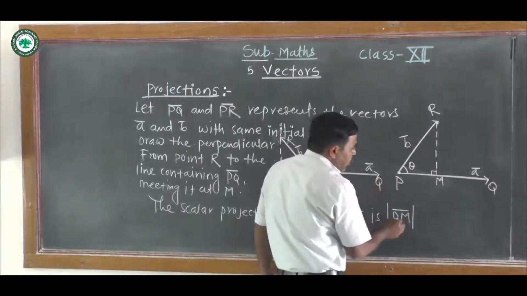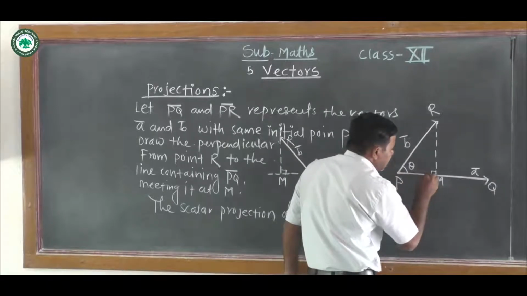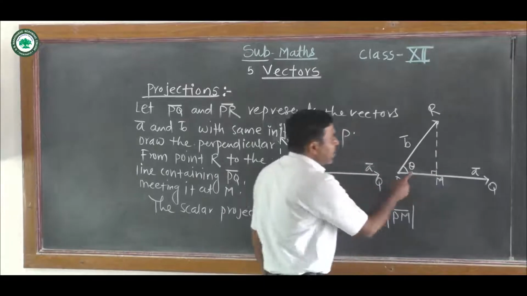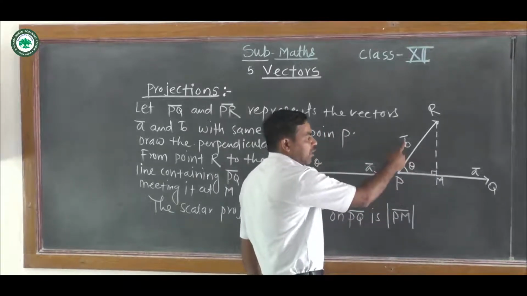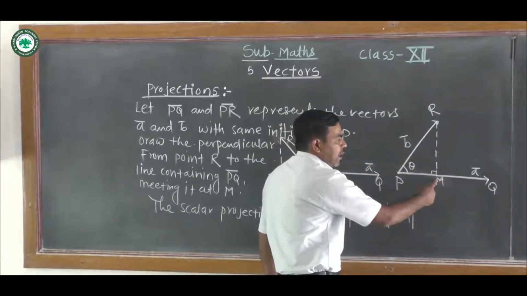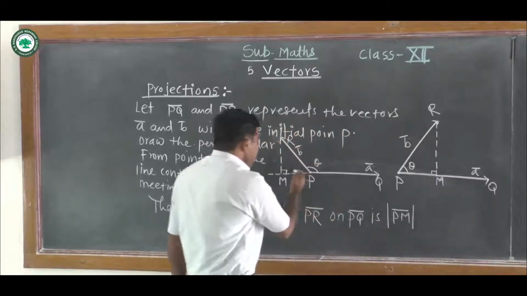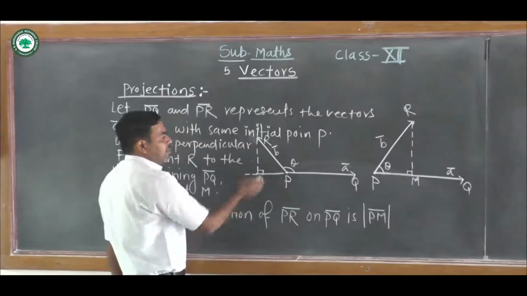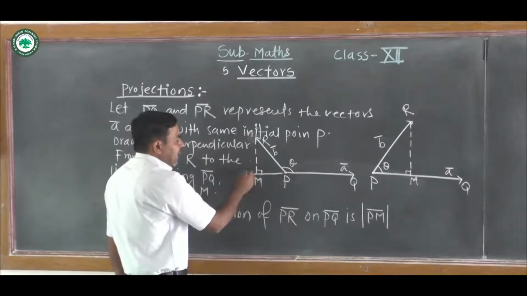See, the magnitude of vector PM is nothing but the length of segment PM. So the length of segment PM is called the projection of vector B on A bar. Here also this PM is the projection of vector B on vector A.